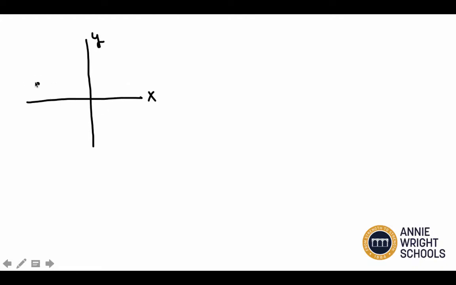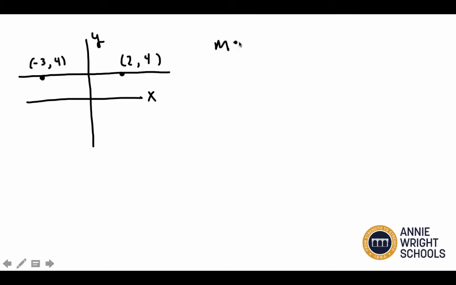I'm going to take 2 points with a horizontal line through those 2 points. If this is a negative x value and this is a positive x value, do you see that the y value here of maybe 4 has to be the same as the y value here of 4?